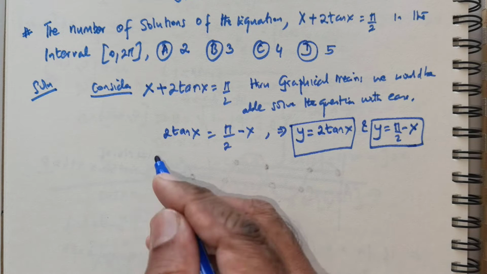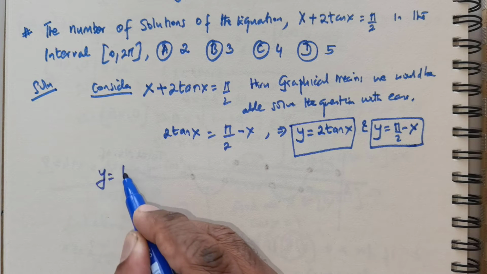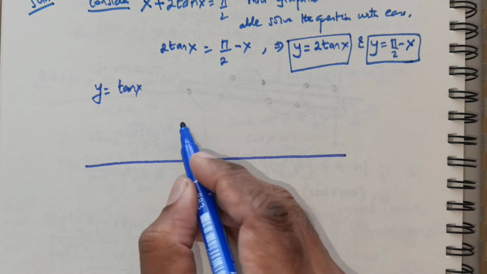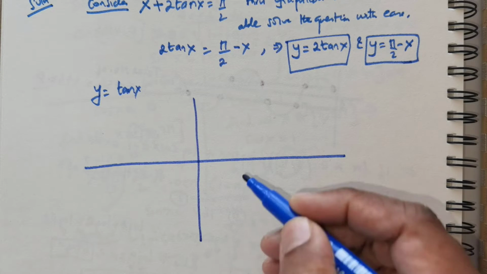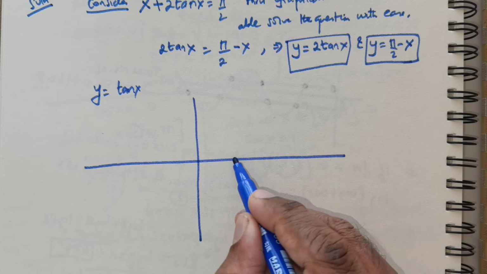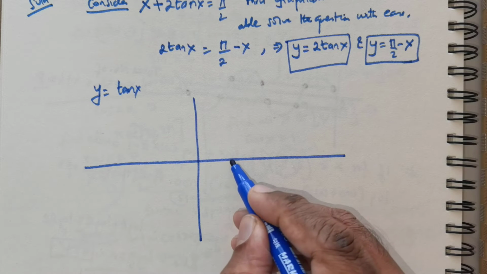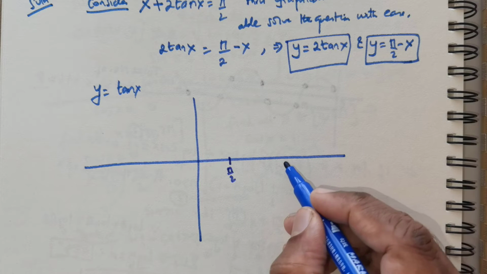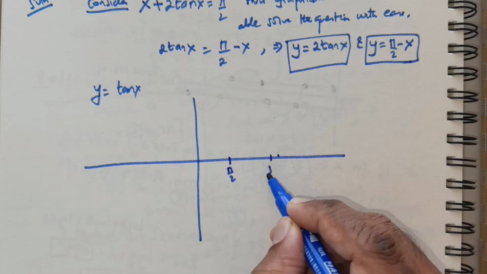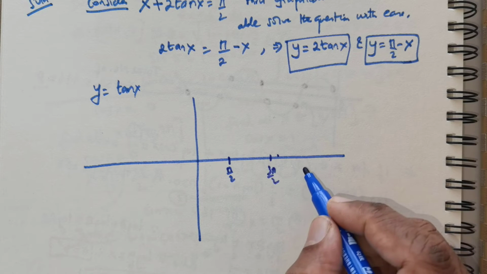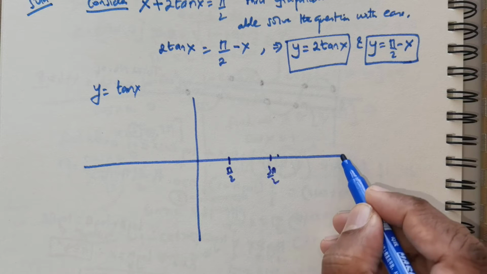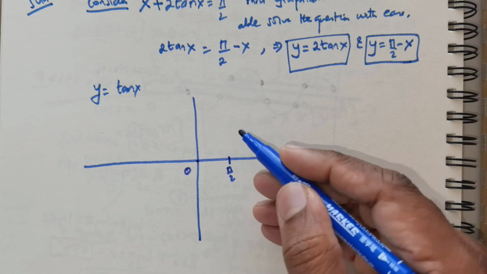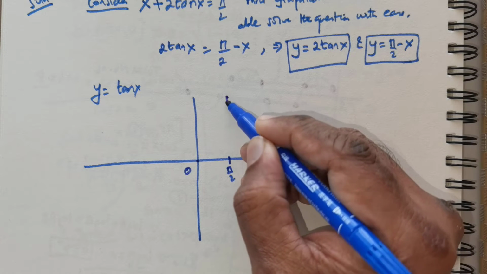Foremost, I would like to draw the graph of y = tan x. Let me place the axis. There will be an asymptote at pi over 2 and at 3 pi over 2. That's enough. So let us draw the asymptotes first.